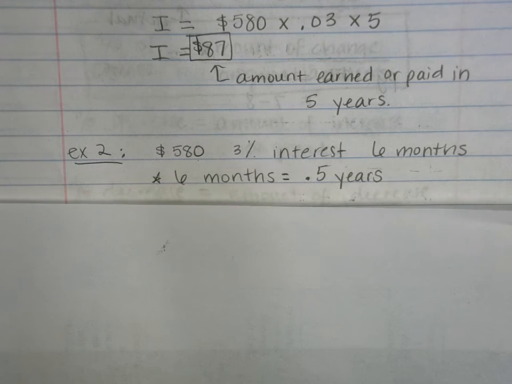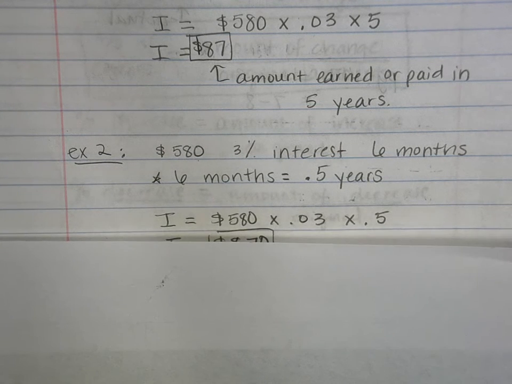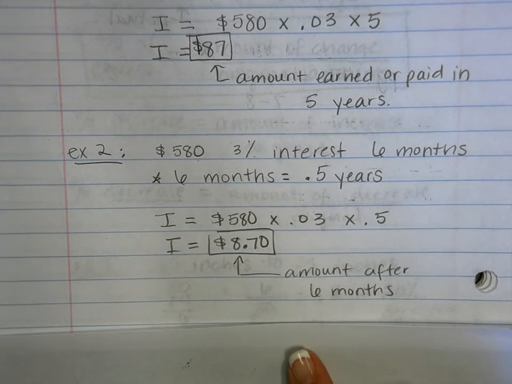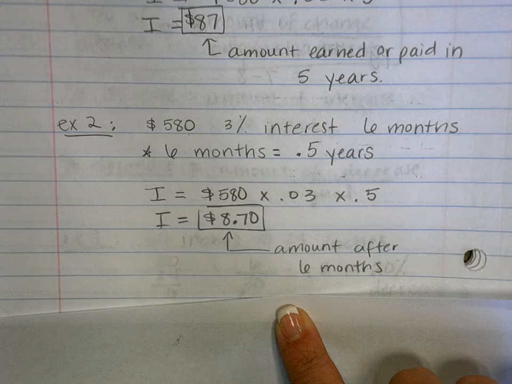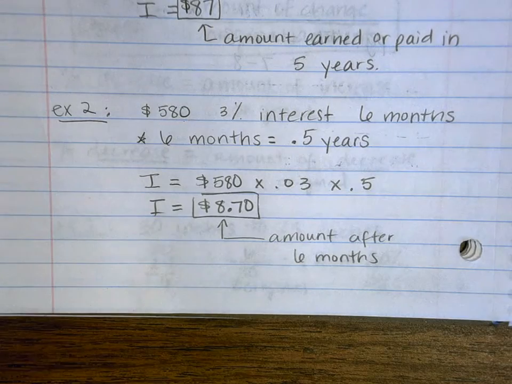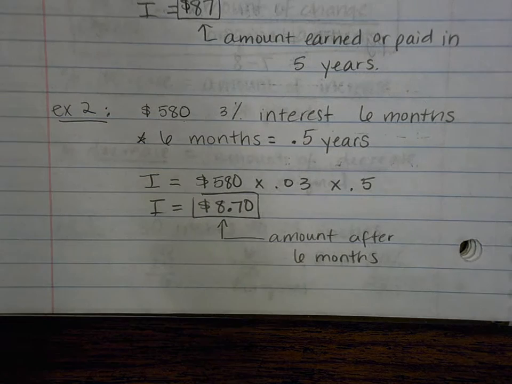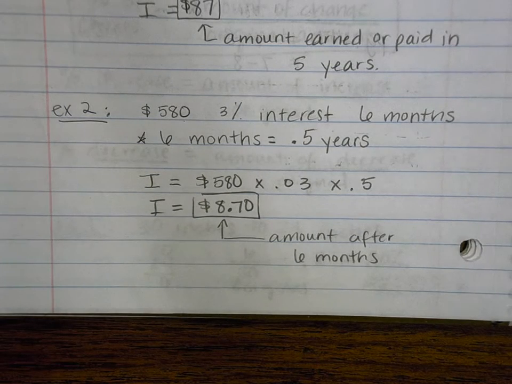It's pretty simple. So now we have to multiply all this again, but instead of doing 5 years, we're multiplying by 0.5. Obviously we're going to get a smaller number. We're going to get $8.70. So yeah, it should be less, right? It's only 6 months.